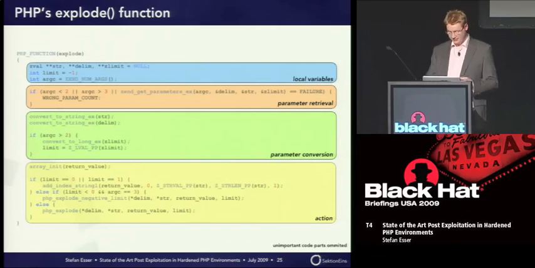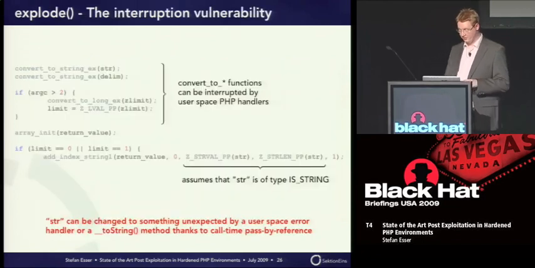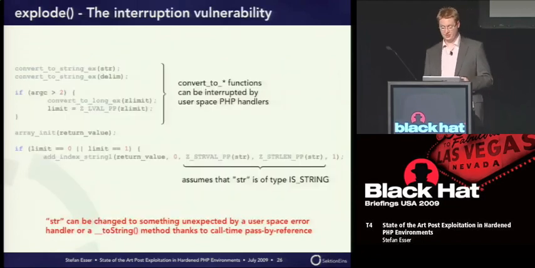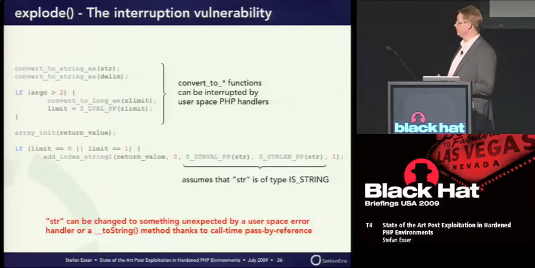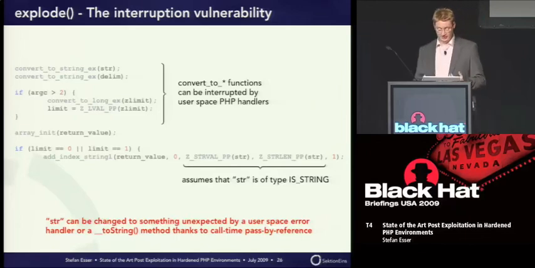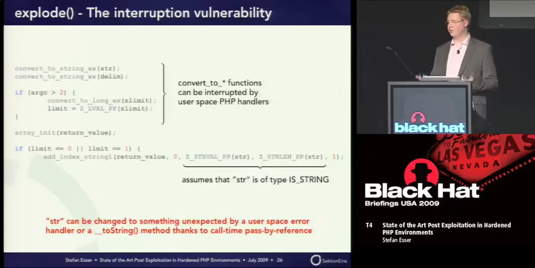When you look exactly at the conversion and action part, you will see that it first converts these variables into strings, and later it just uses them and expects them to be strings.